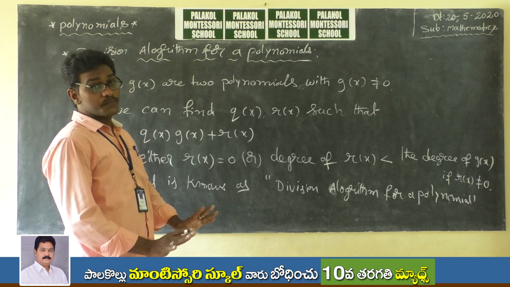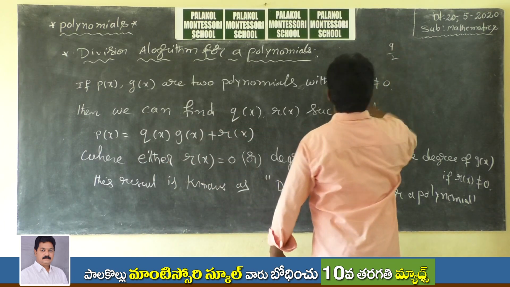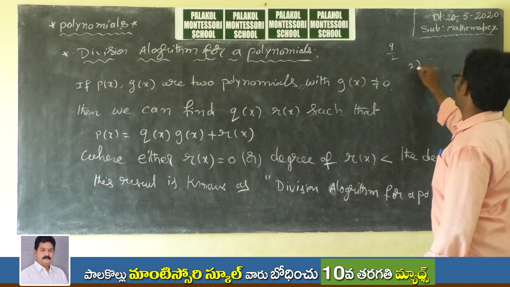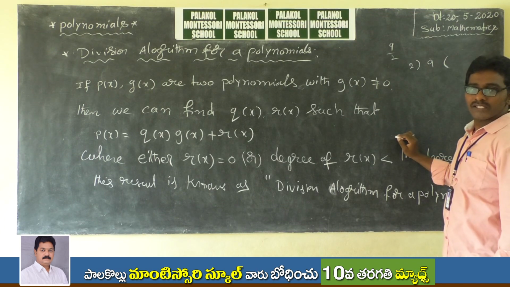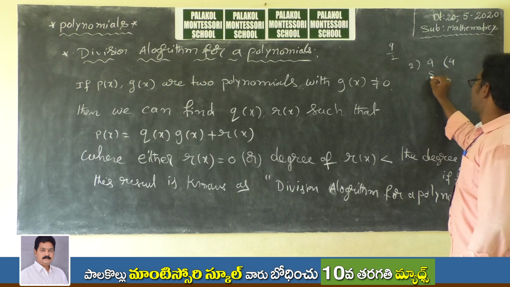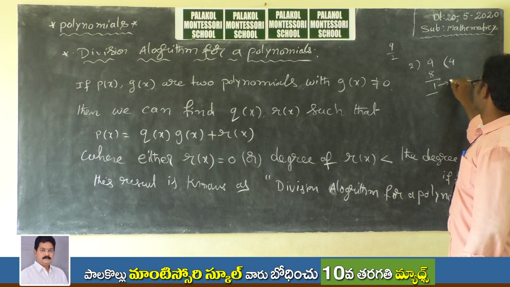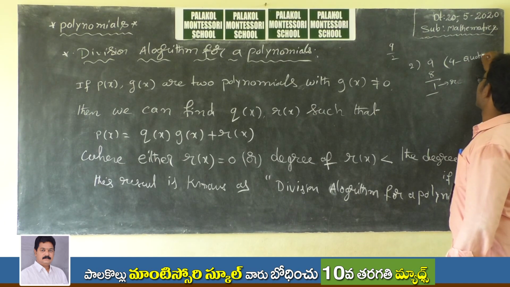First you observe the general sum. 9 divided by 2. So that means 2 into 9, how many times is it contained? 4 times. 4 twos are 8. What remainder here? 1. This is called the quotient.